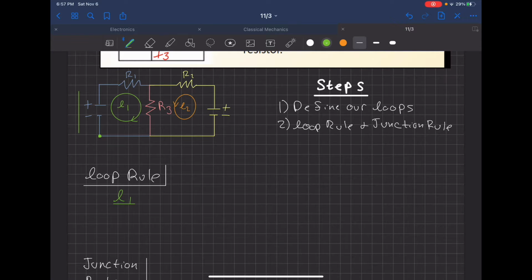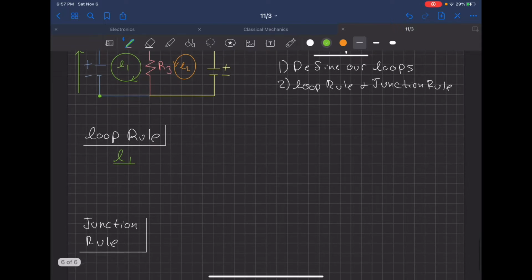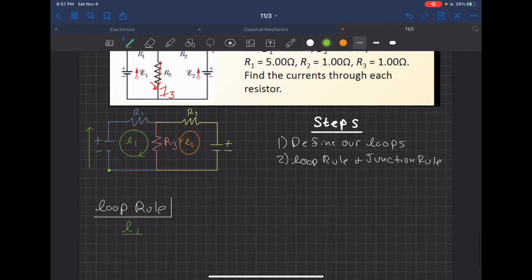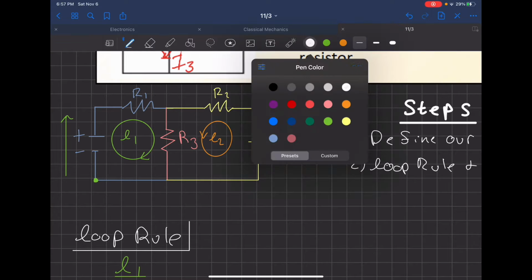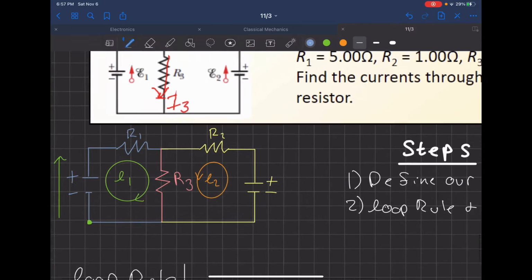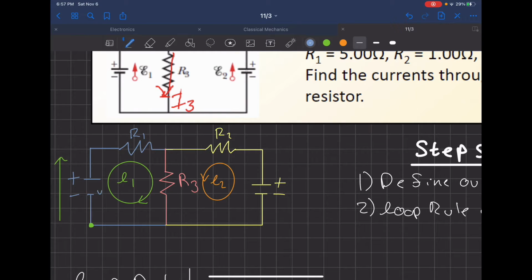So we're going to pass up here over our battery, which is going to give us a positive voltage increase. This guy is V1 and this guy is V2.